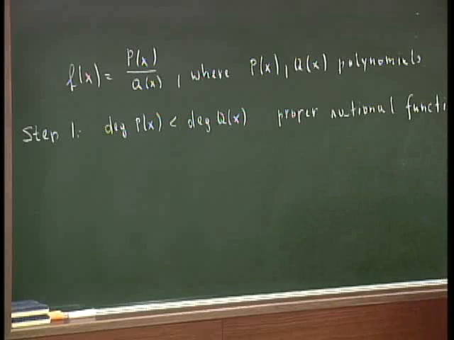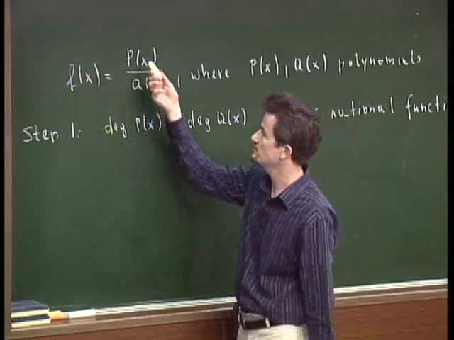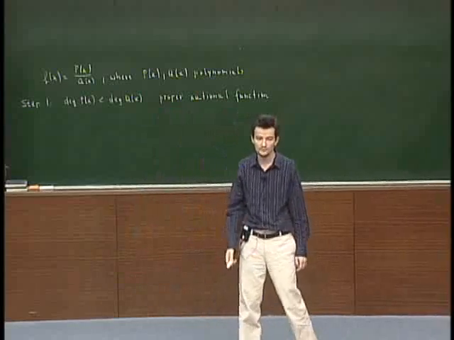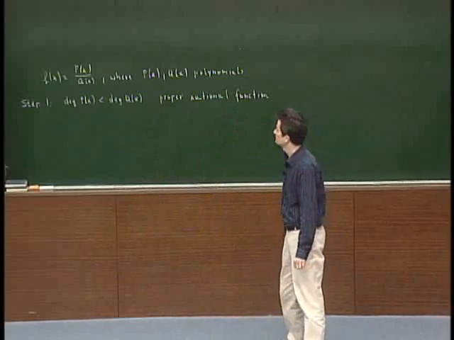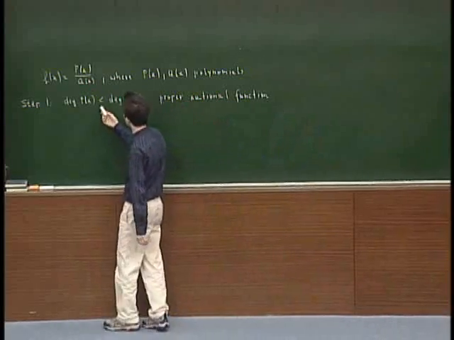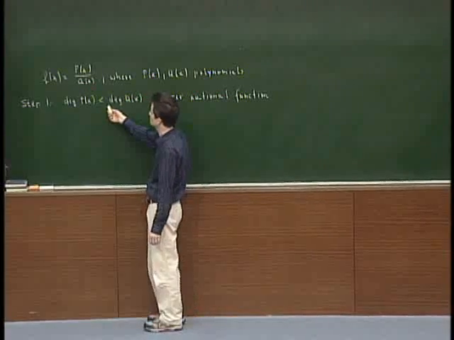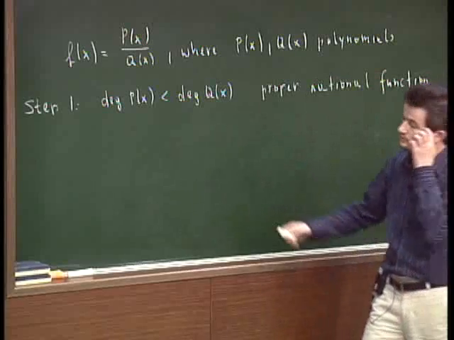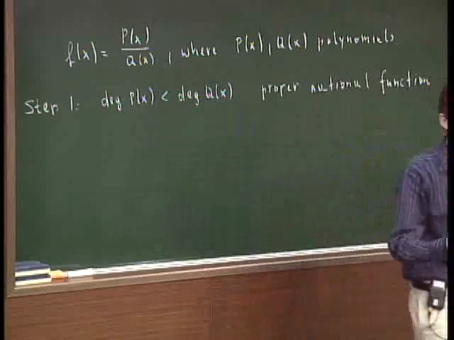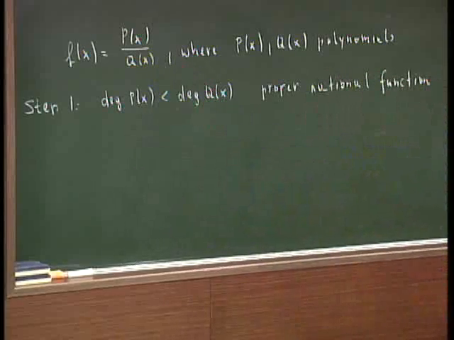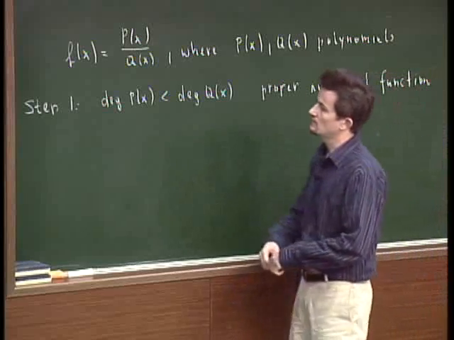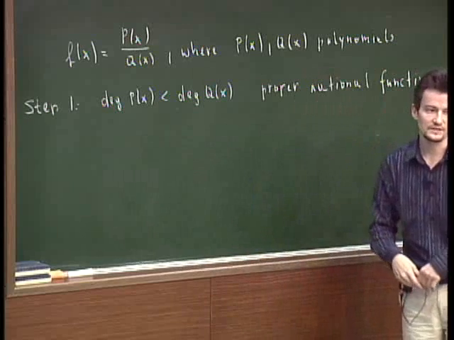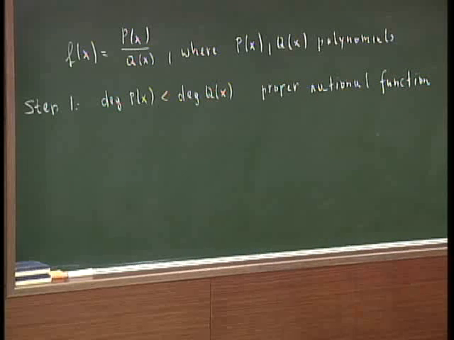And if it is improper, you can divide p(x) by q(x) using long division with remainder. You can always write it as some polynomial plus a proper rational function. So we can assume that after the first step, what we still have to integrate is a proper rational function.